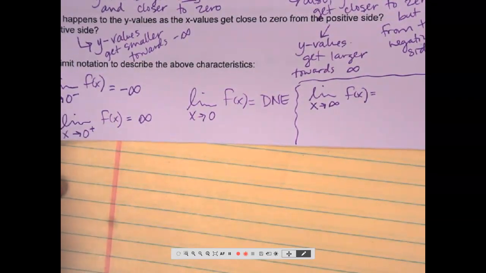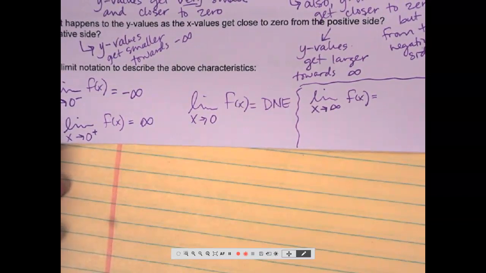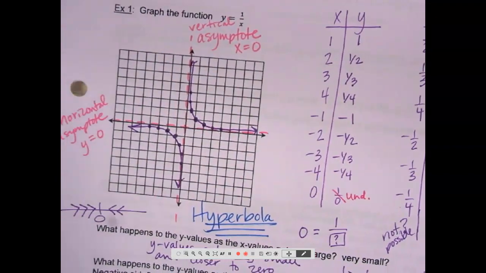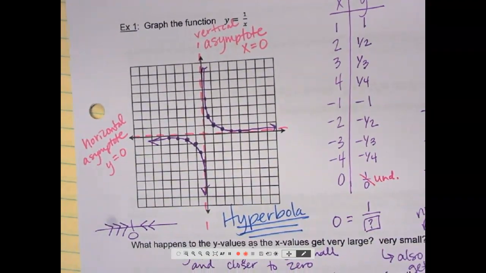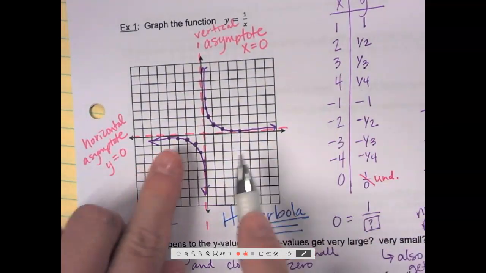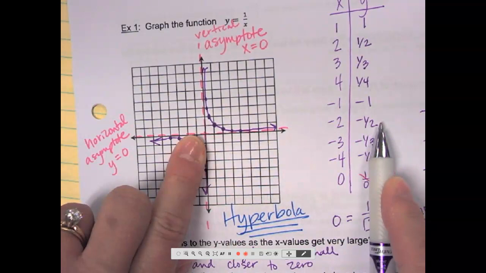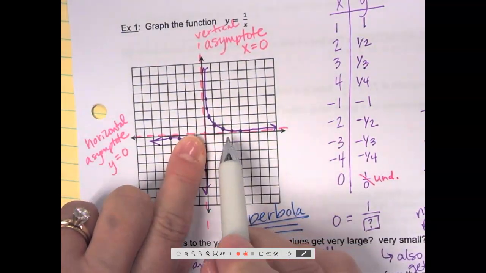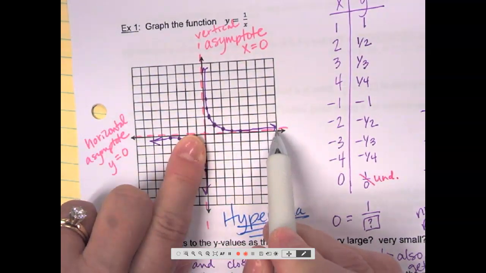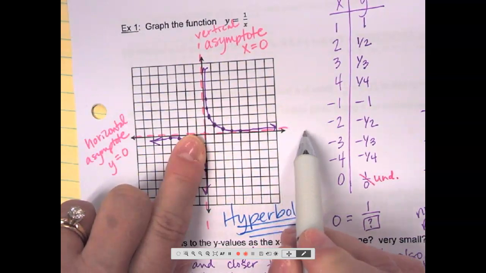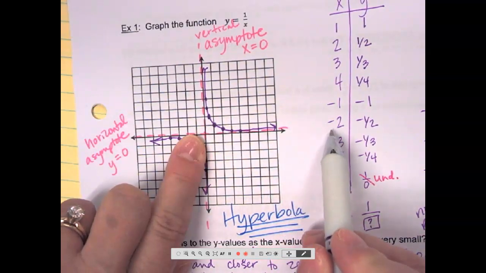Okay, so let's go back up to the graph. Wait till most of the pencils stop moving. All right, go back up to the graph. x approaches infinity. Here's my origin. Out here, x's get bigger. So what's going to happen to y as x is 10, 100, 1,000, 10,000?